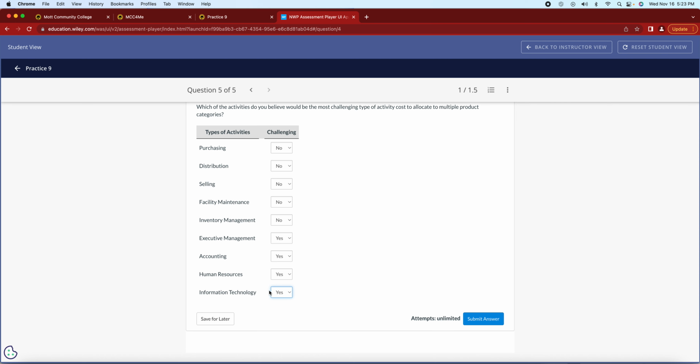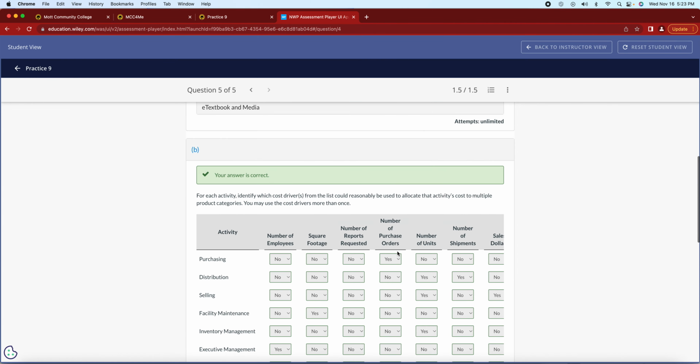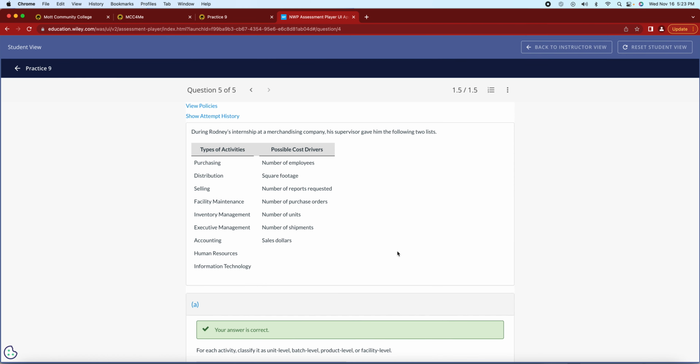Sometimes it's not worth the cost of actually trying to track it. As long as the job is getting done, it's a good idea to have some idea so that you can again have a better picture of what the actual cost for that product line is. And we are correct on that one, and that is the end of practice 9.